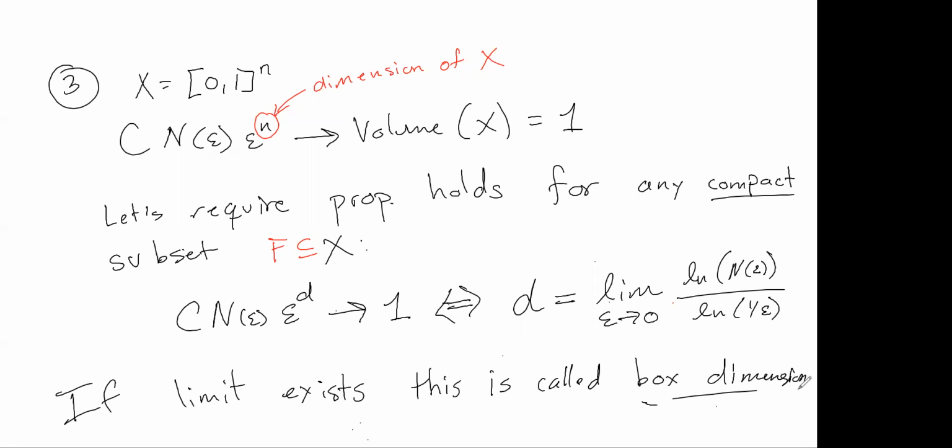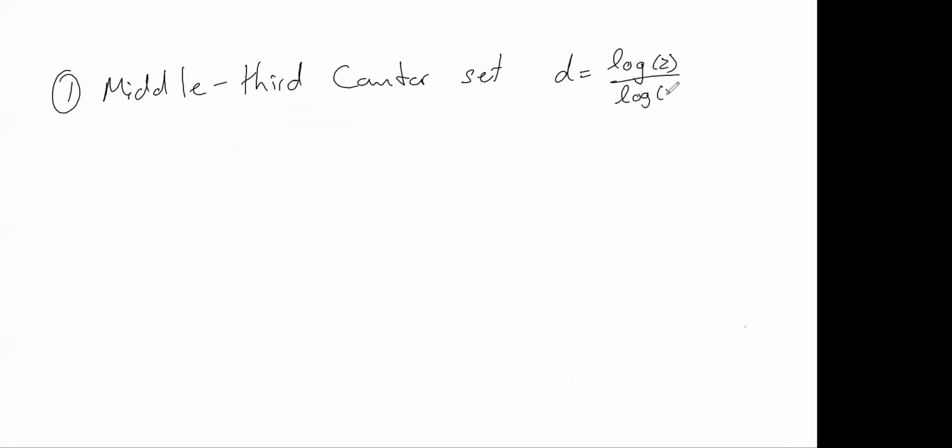And just to finish, I was going to go through the whole detail, but I'll just give you the result. So for the Cantor set, the dimension is log 2 over log 3, which is approximately 0.631.